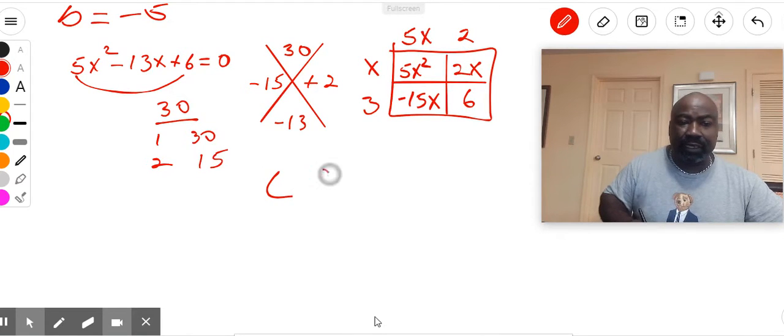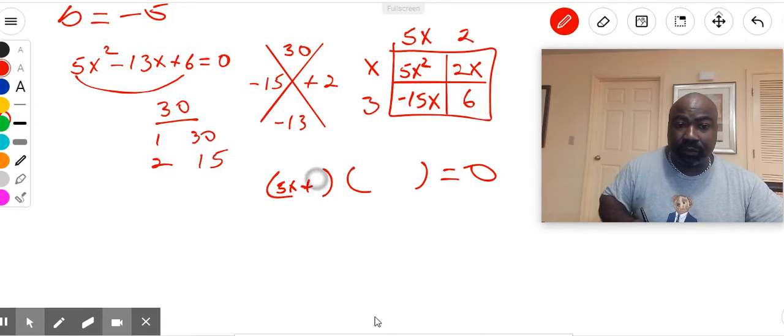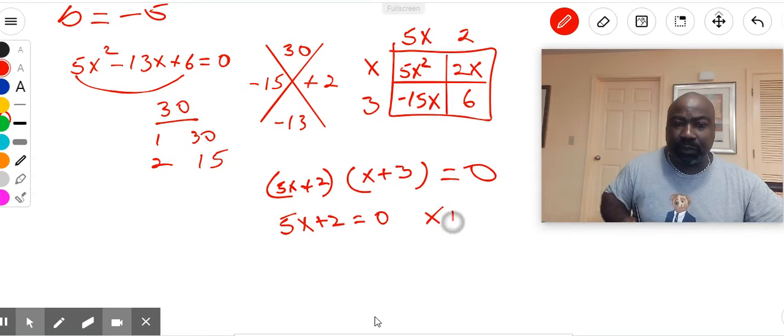So when I put this back into its factored form right here, I have 5x plus 2 and I have x plus 3. So I have 5x plus 2 is equal to 0, and I have x plus 3 is equal to 0.